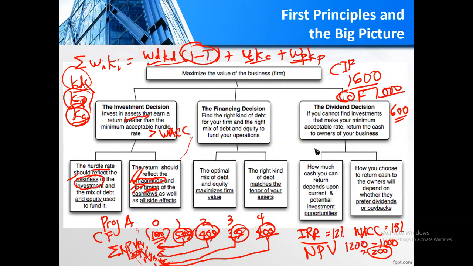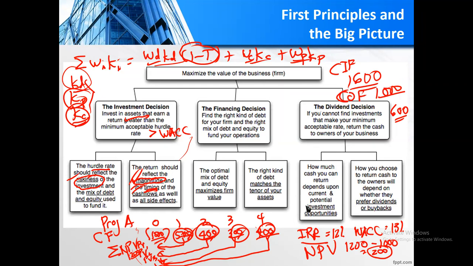Okay, then we go to the dividend decision. If the firm cannot find investments that are higher than the hurdle rate or the WACC, then it may decide to return the cash to the owners of the business. Now the question is how much cash should the company return?